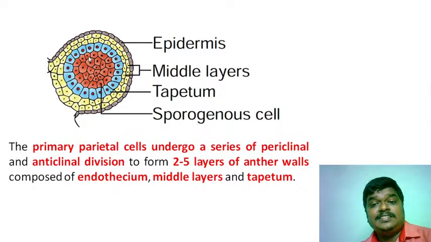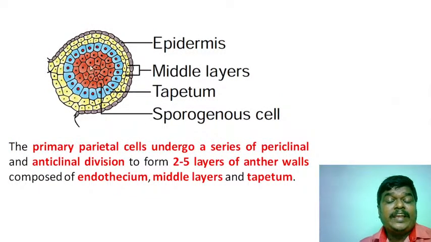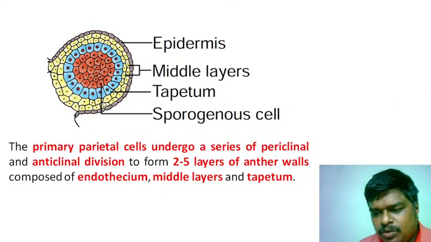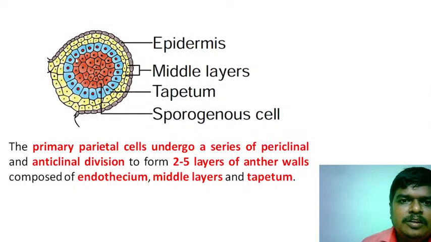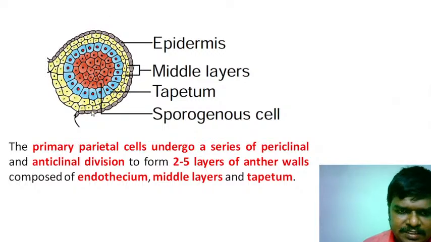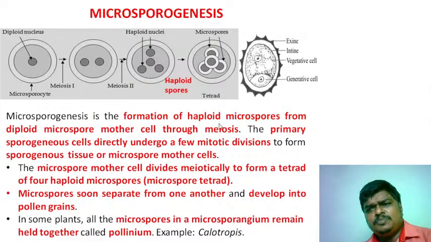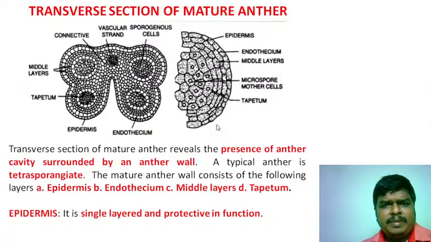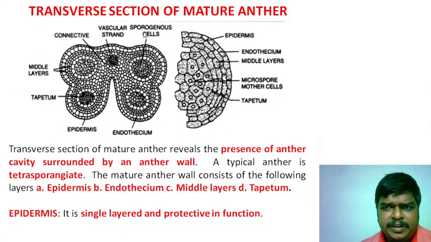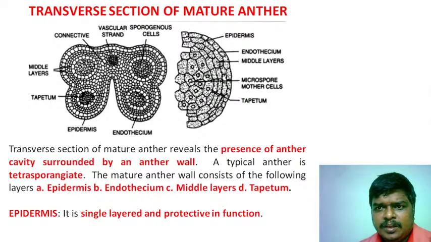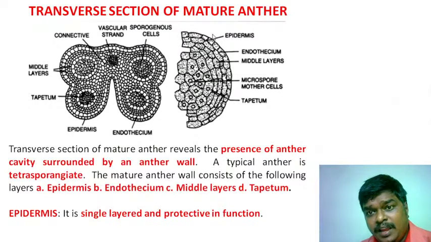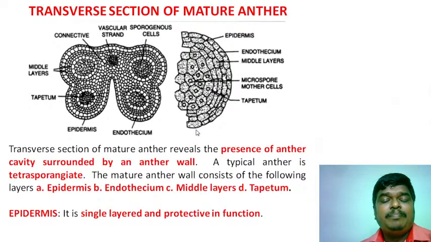This is actually called the microsporangium. The microsporangium contains pollen mother cells. Now I'm going to explain to you about the microsporogenesis process. You can see a typical structure of the anther, where the sporogenous cells are surrounded by tapetum, middle layers, endothelium, and outer, the epidermis.